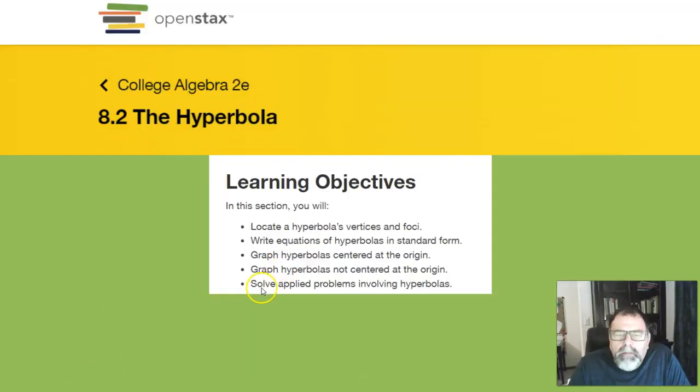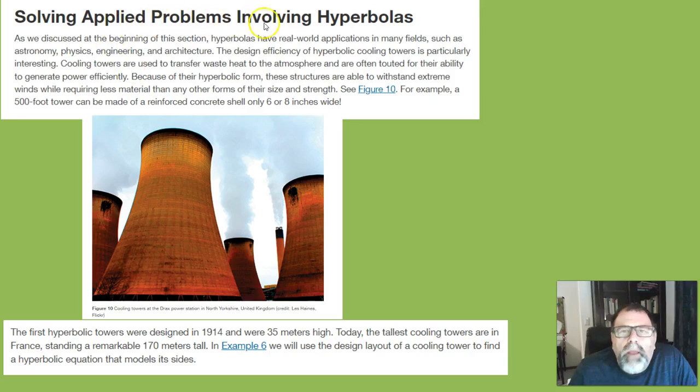And our last learning objective: solve applied problems involving hyperbolas. As we discussed at the beginning of the section, hyperbolas have real-world applications in many fields, such as astronomy, physics, engineering, architecture. The design efficiency of hyperbolic cooling towers is particularly interesting.